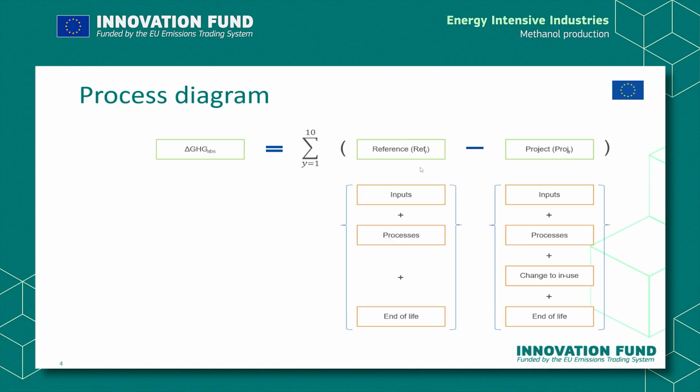This includes the sum of emissions from inputs, processes, and end-of-life stages. We will then compare these to the emissions that will occur over 10 years in our project scenario. This includes the sum of inputs, processes, change to in-use emissions, and end-of-life emissions. We will also assign a carbon capture credit. Note that for many projects some of these emission categories will be empty in one or both scenarios.